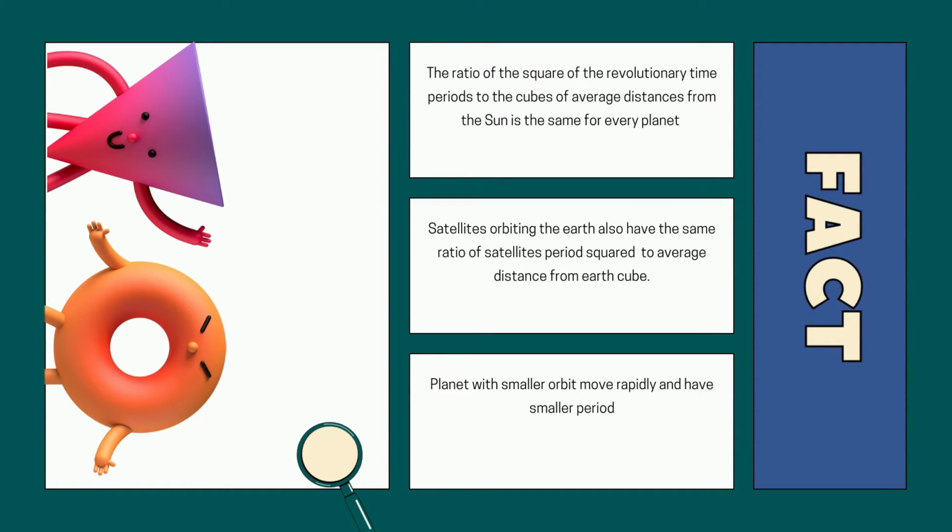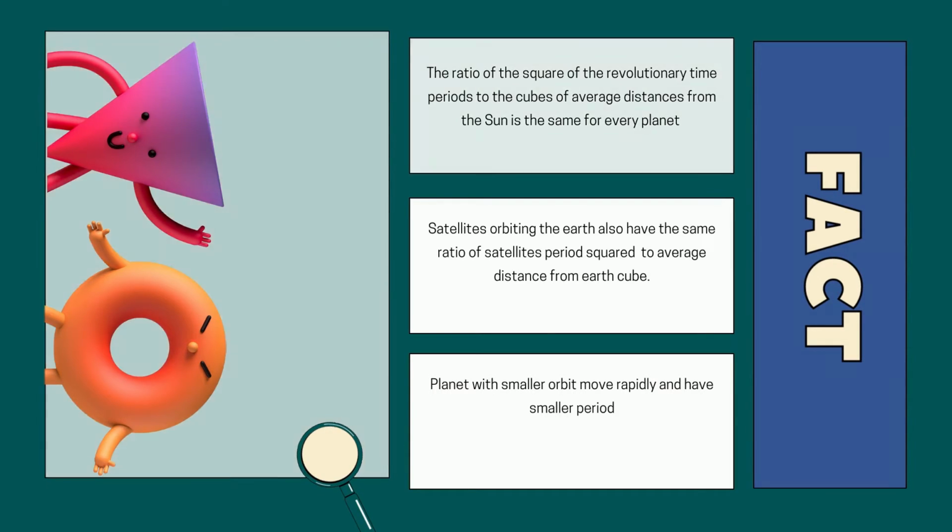In other words, if you take T squared and divide by r cubed, the answer will not change. It is constant in the orbit of any planet. Second, satellites orbiting the Earth also have the same ratio of the satellite's period squared to the average distance from Earth cubed. Last but not least, planets with smaller orbits move rapidly and have smaller periods.